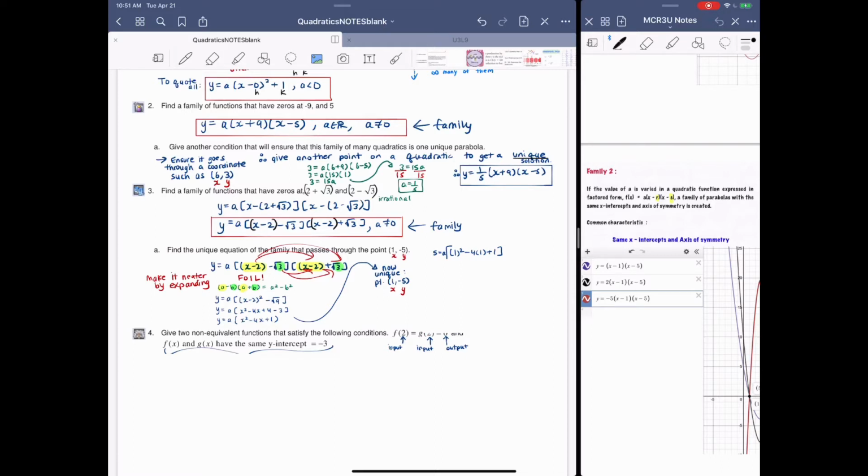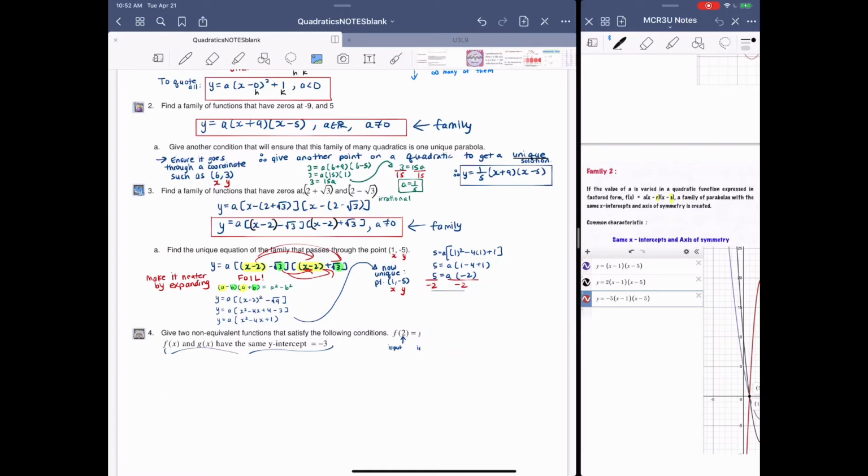When I do that, I get the following for the first line. -5 equals a(1 squared minus 4 times 1 plus 1). I'm going to get, inside, -5 equals a(1 - 4 + 1). And so I get -5 equals a(-2). I'm going to divide both sides by negative 2.